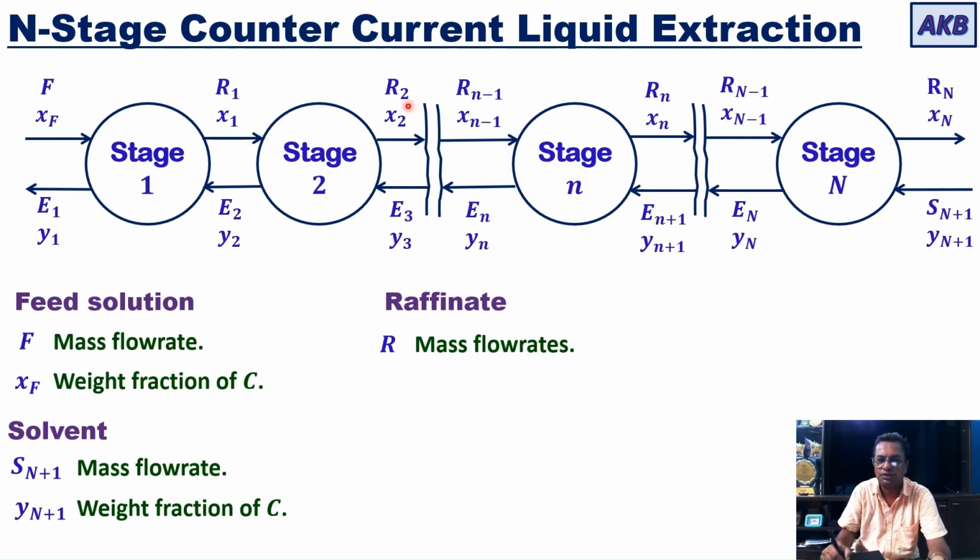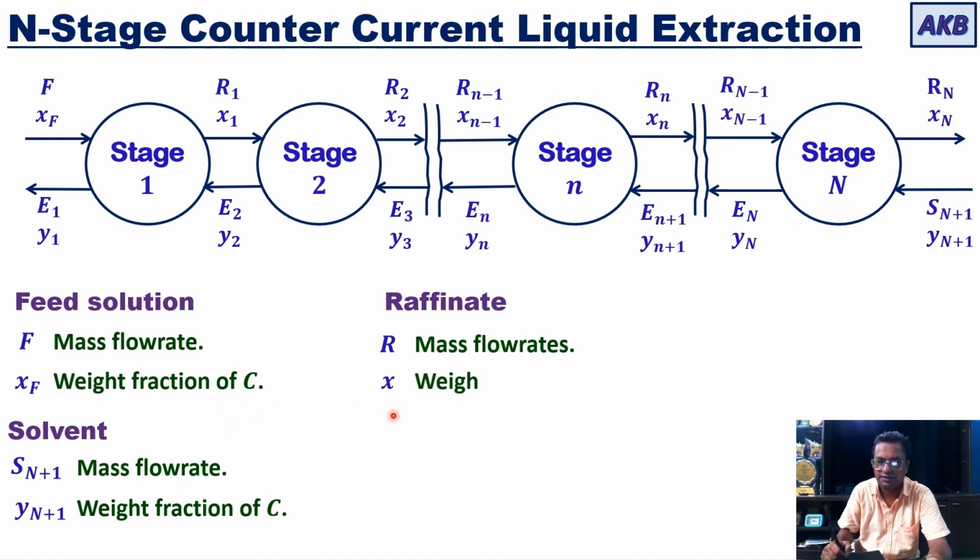If it is R2, this raffinate phase is coming out of stage number 2, and so on and so forth. So in general, Rn would be the mass flow rate of the raffinate phase that is coming out of nth stage. Likewise, for the final raffinate phase the mass flow rate is capital R N, and it is the raffinate phase that is coming out of the last stage, which is capital Nth stage.